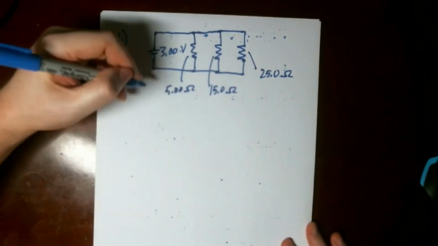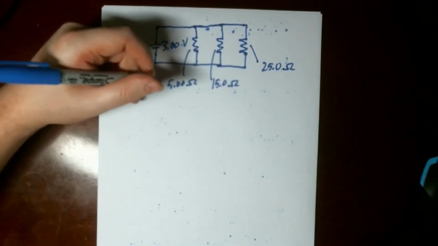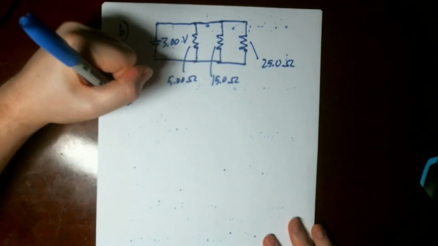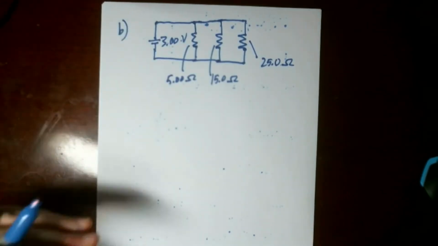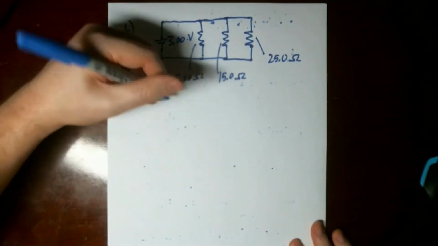The equivalent resistance in a parallel circuit is kind of like the equivalent capacitance in a series circuit. We actually calculate first the inverse of the equivalent resistance, and then we invert that to get the actual equivalent resistance.